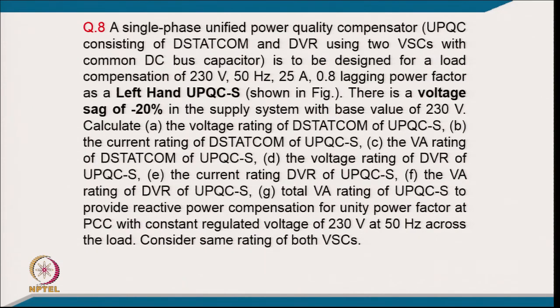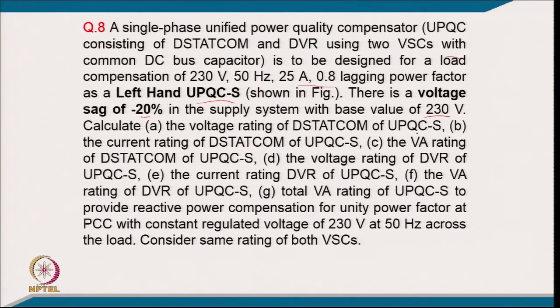So, coming to example 8: a single phase UPQC consisting of a DSTATCOM and DVR using 2 VSCs with a common DC link capacitor is designed for a load compensation of 230 volt, 50 Hz, 25 ampere, 0.8 lagging power factor, with the DSTATCOM on the left hand side of the UPQC, and there is a voltage sag of 20% in the supply voltage, with a base value of 230 volt.